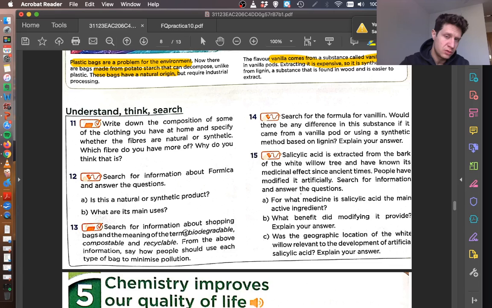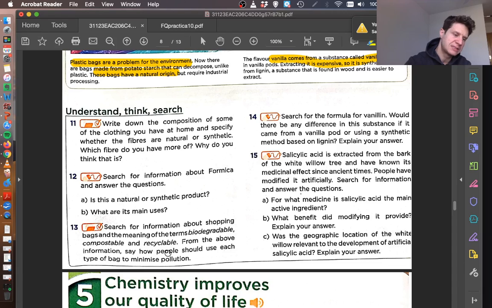Some stores, like Lidl, when you put the fruit, it's a compostable bag, which means that when you put it in a dam, en un vertedero, or in the ground, it decomposes easily, okay? Which means that it's made out of starch, ¿vale? Almidón de patata.